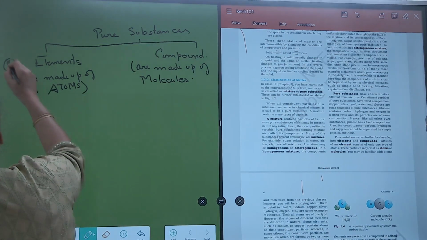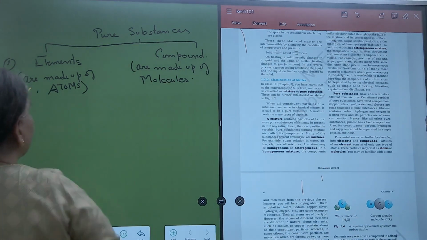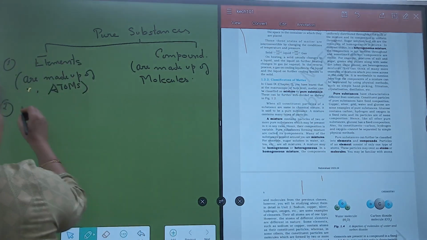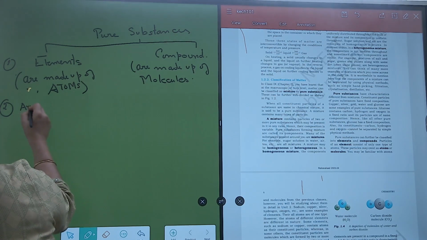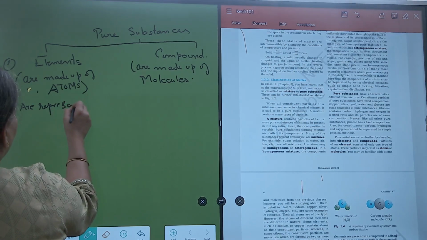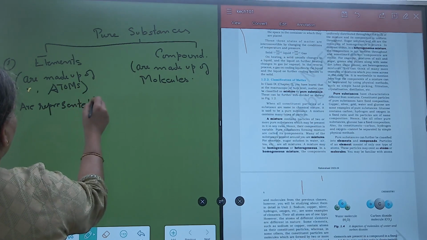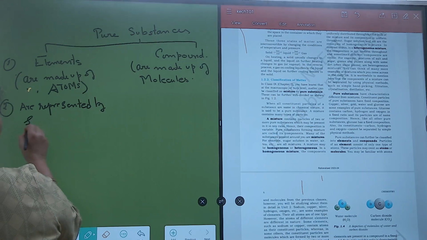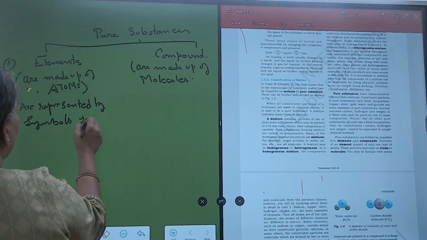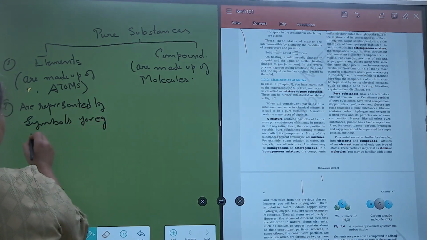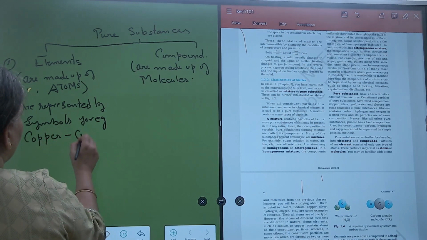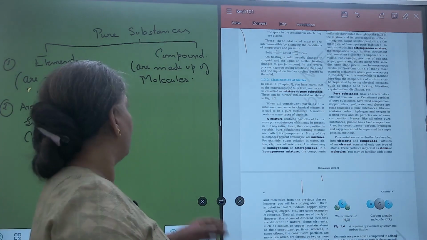Another point of difference is that elements are represented by symbols. For example, for copper, we write Cu. So this is the symbol for copper.